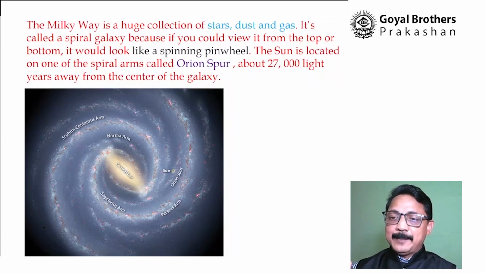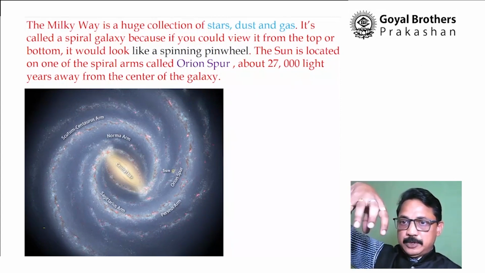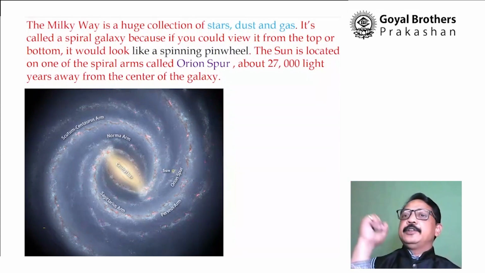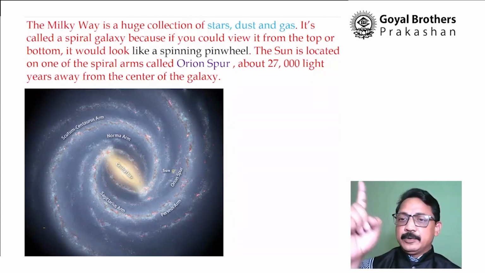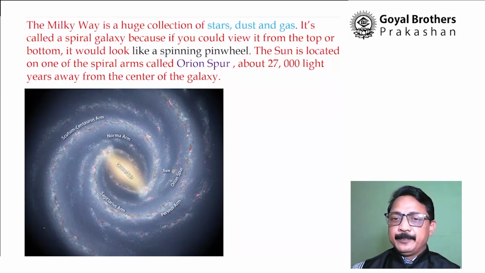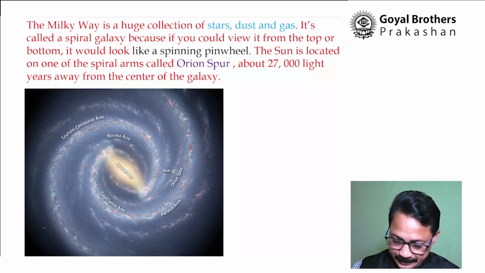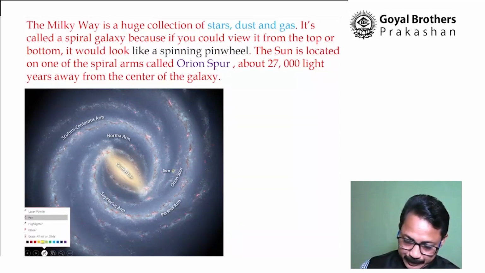With that, there is an absolutely huge amount of dust, and also a lot of gases are present. When you look at this Milky Way galaxy from the top, it looks like a spinning wheel. If you go under it and look above it, you will find it looking like a spinning wheel. And that's why we call it by the name spiral galaxy.